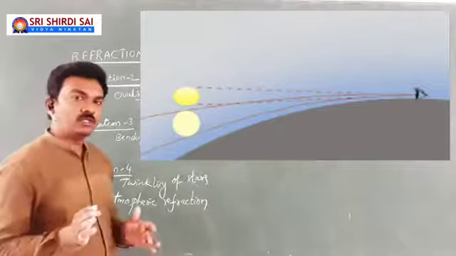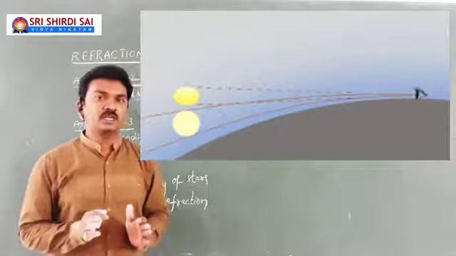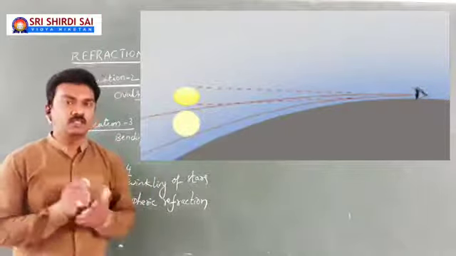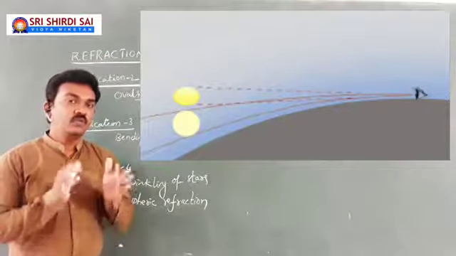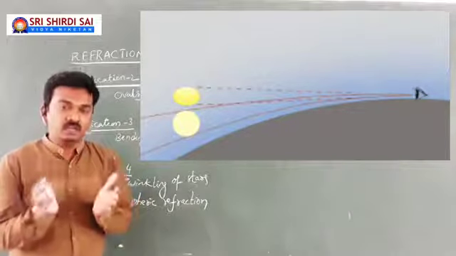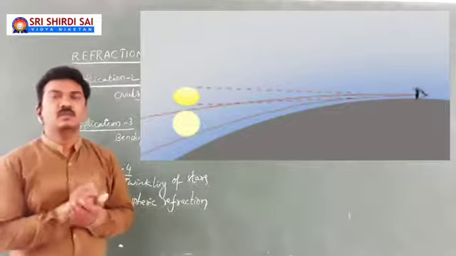Now let us discuss a few more situations, a few more visual phenomena that we come across due to refraction of light. The next point is all about the oval shape of the sun. That means we find the sun bigger in size and oval in shape during sunrise and sunset.